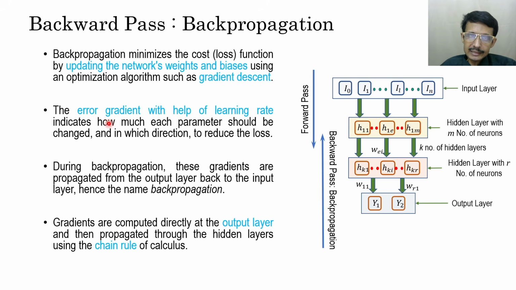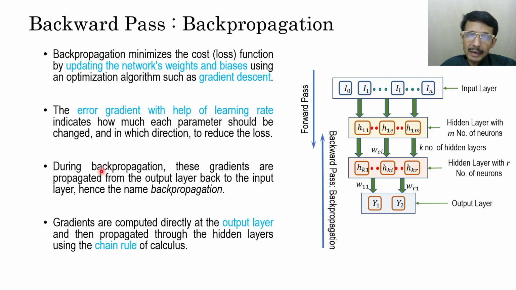This error gradient is basically to help us understand how much these weights and biases should be modified so that, given an input, we can get the intended or targeted output.